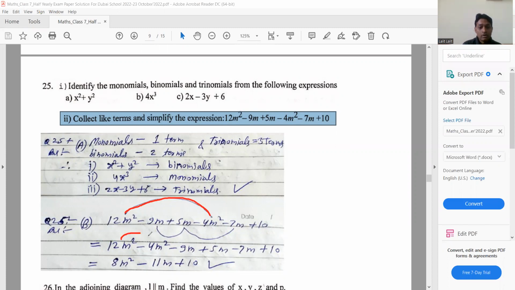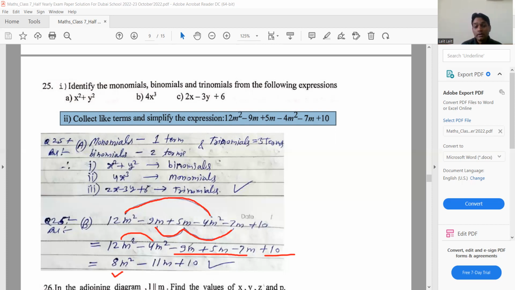So I have kept 12m square and minus 4m square together. Second like terms are minus 9m, 5m, and minus 7m. So I have kept all three terms together. And then 10 is an unlike term. This is a constant. So now if you add 12 minus 4, you will get 8. So 8m square minus 4 minus 9 plus 5. So minus 9 plus minus 4 is minus 13 and 5.